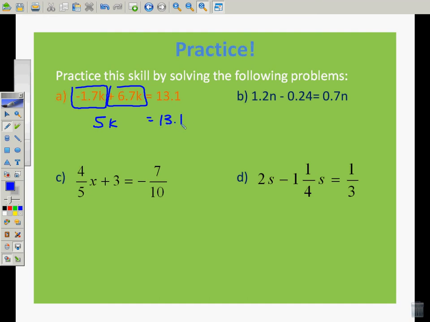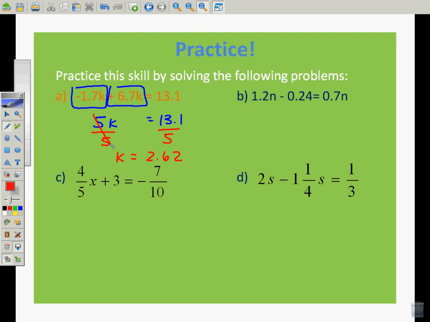And so then I'm going to do opposite operations. Divide by 5 on both sides. So I find out k is equal to 2.62 when I divide. Okay, so combine like terms, no zero pairs, I do my opposite operations.